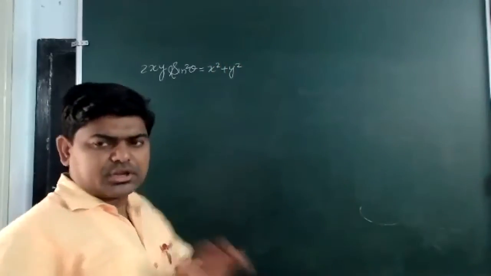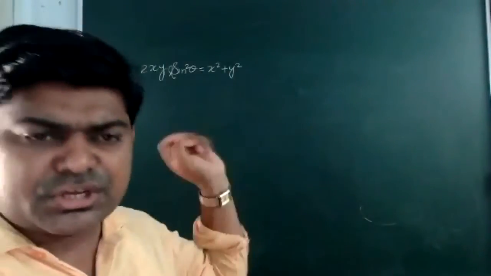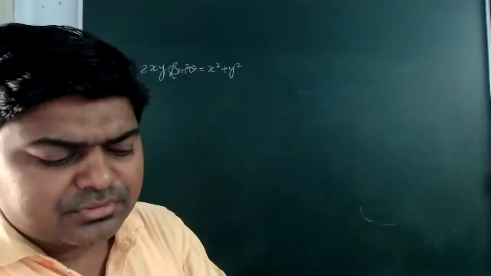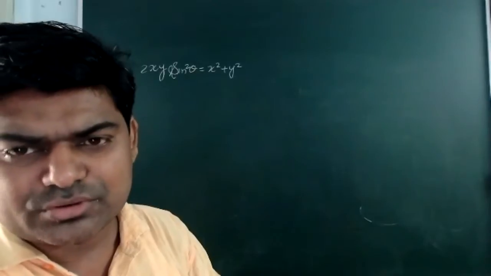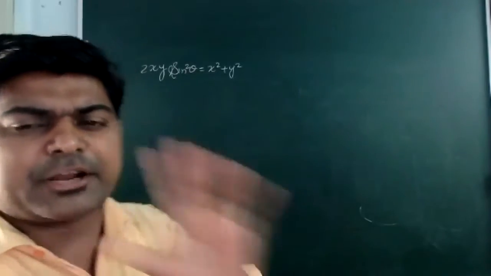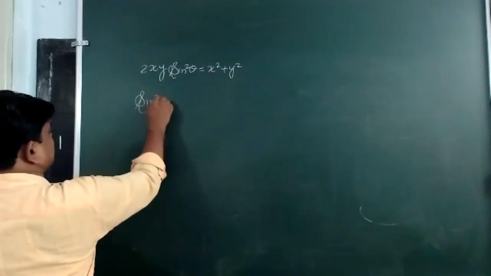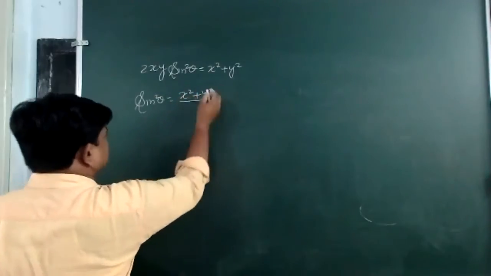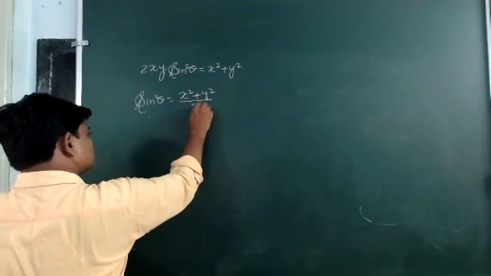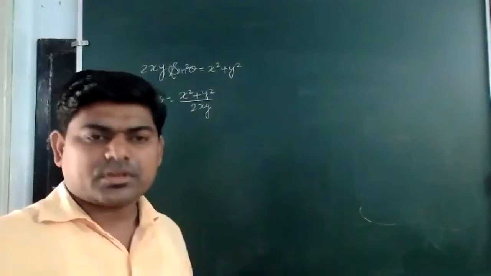It is given. And what is the question? The question is asking that the given thing is possible if and only if x is equal to y, and it should not be equal to 0 also. Let me tell you one thing. From here, I will find the value of sin square theta is equal to x square plus y square upon 2xy. Yes or no?